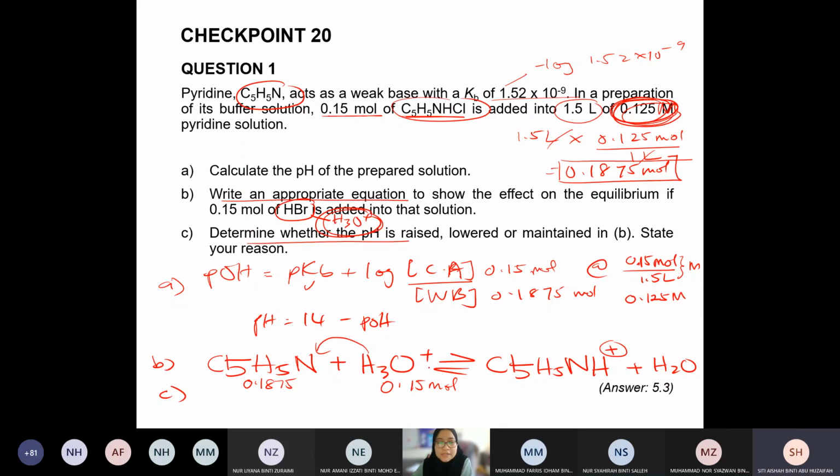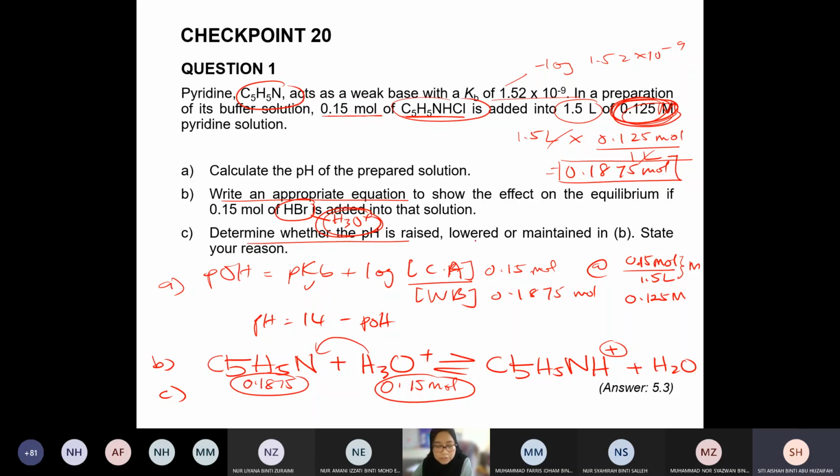Okay, you have to identify. So H3O plus yang masuk adalah 0.15. So, kita kena make sure base yang ada nak counter the H3O plus tu should be more than the added acid. So, at the moment, we have this much of base. So, dia still boleh counter dengan bahagianya the H3O plus. So, kalau dia boleh counter, maksudnya it will not be raised drastically.